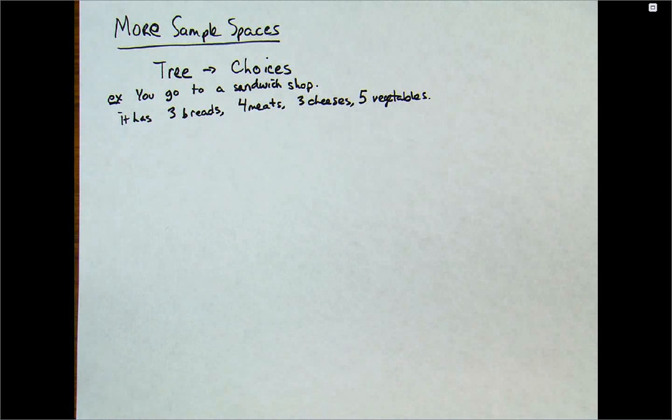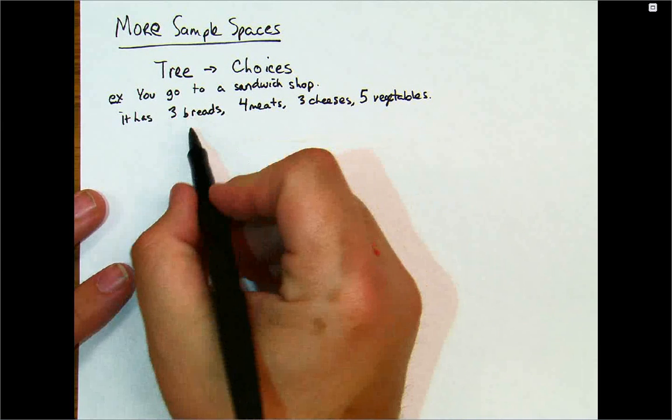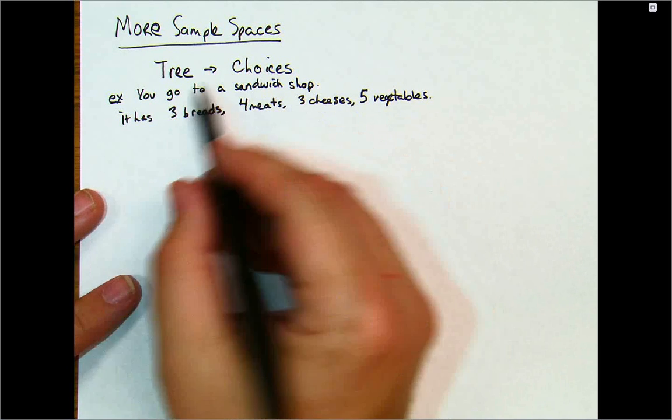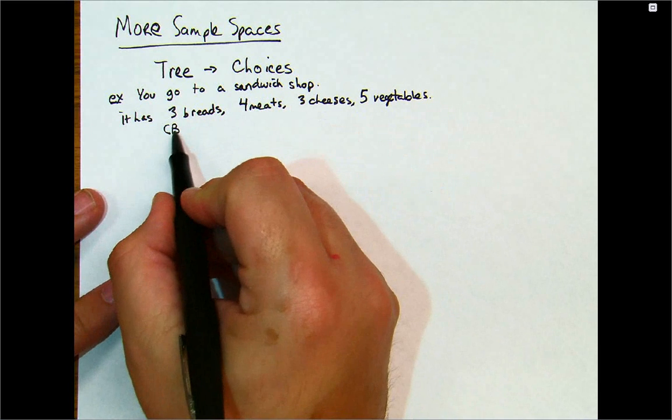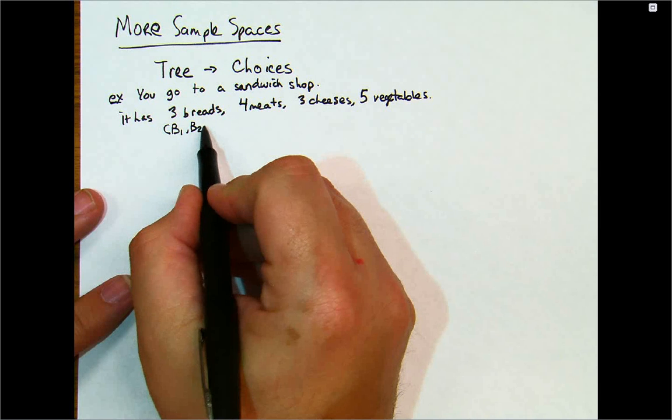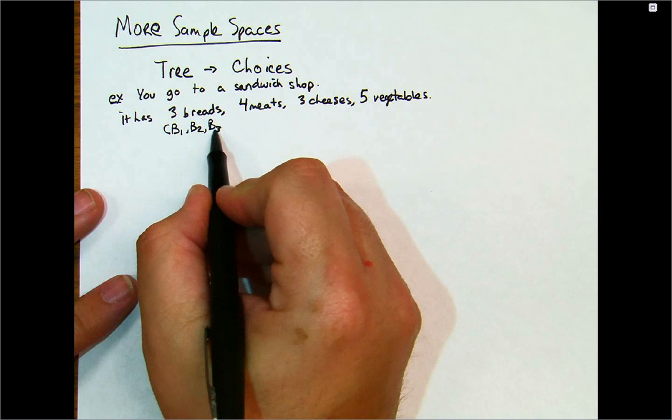And that's what you can choose from. So you have all these different choices. Now for 3 breads, we can say B1, B2, B3.